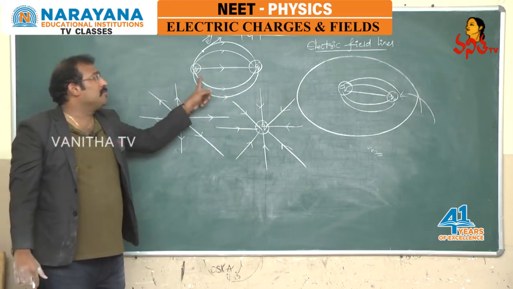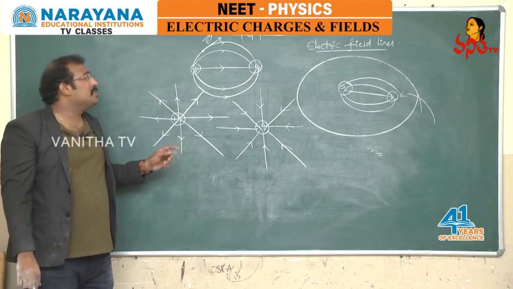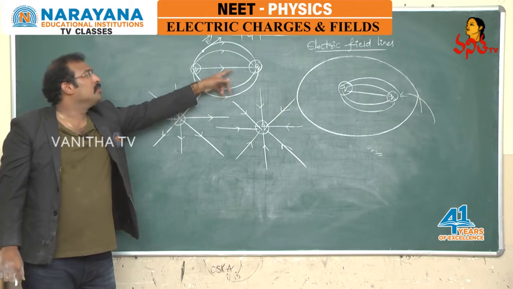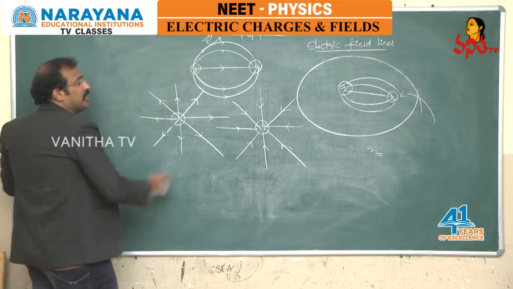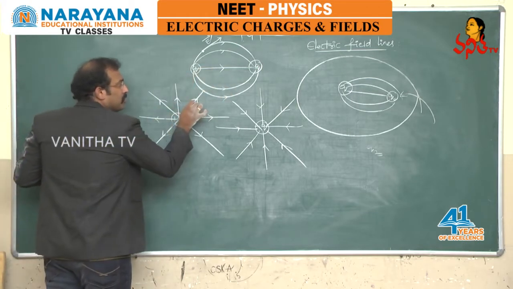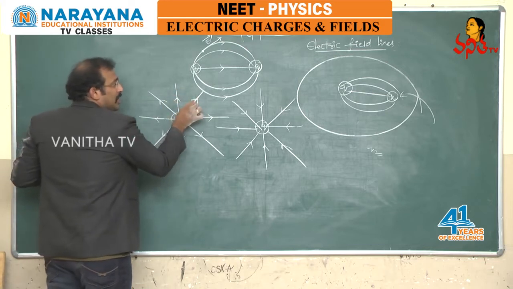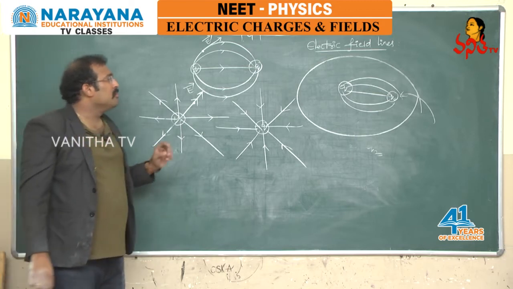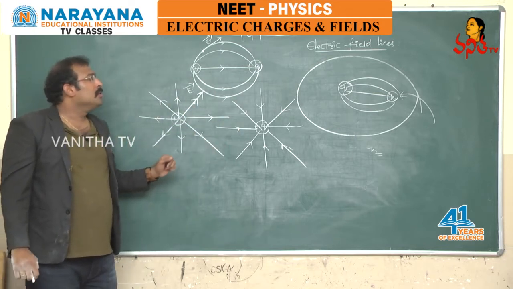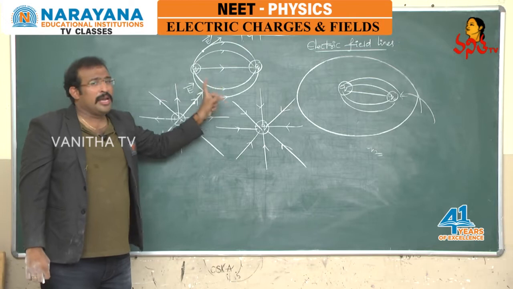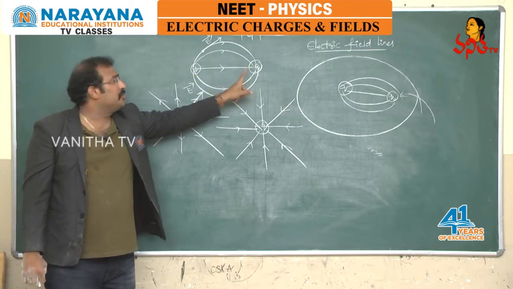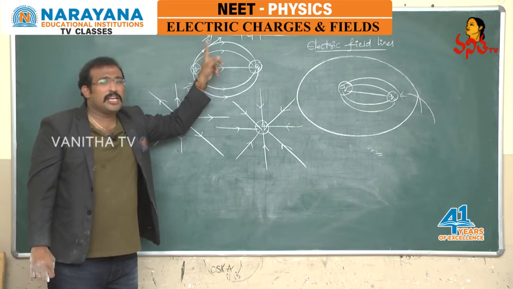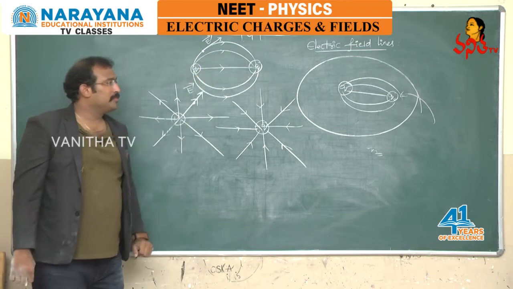And for a positive and a negative charge, the field lines are drawn from positive to negative charge, like this. So if I want to find out the direction of the field at a given point, I'll put a point and I'll write the direction of the field at that point like this. So from this we can understand that the field lines are imaginary lines drawn from positive charge to negative charge, where the tangent drawn at any point gives the direction of the field at that point.